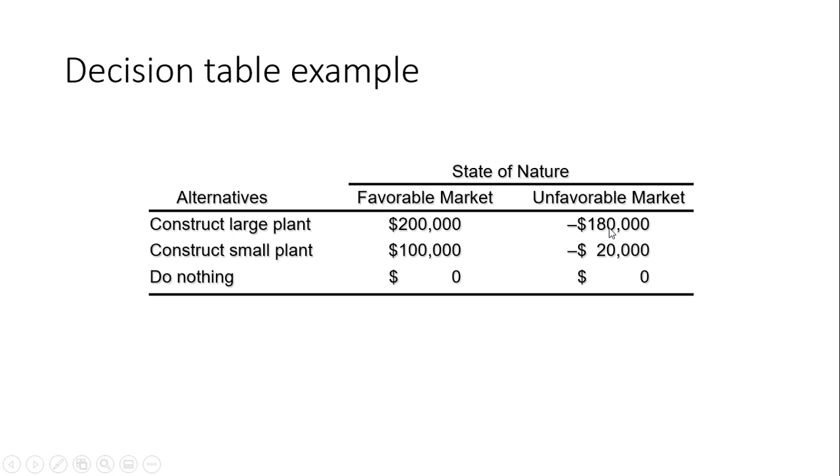Again, $200,000 as a profit, $100,000 as a profit, zero as no profit, no loss. Again, negative or loss of $180,000, $20,000 also as a loss, and zero, no loss, no gain. All of those numbers are called a payoff, as you will find this term inside your textbook, inshallah. So you know that when I talk to you about a payoff, this is what it means.